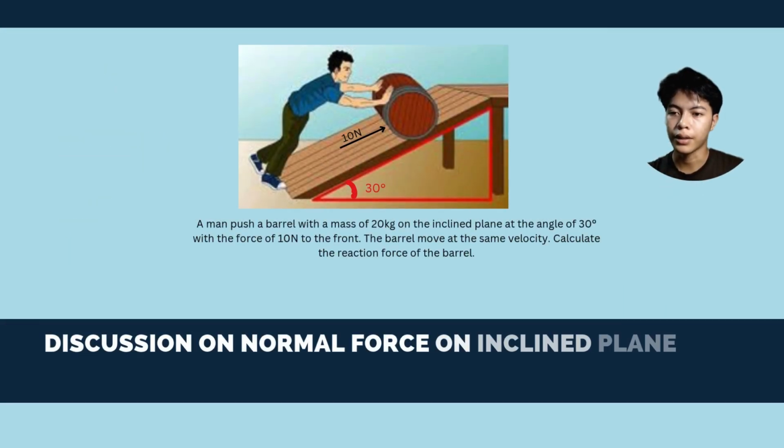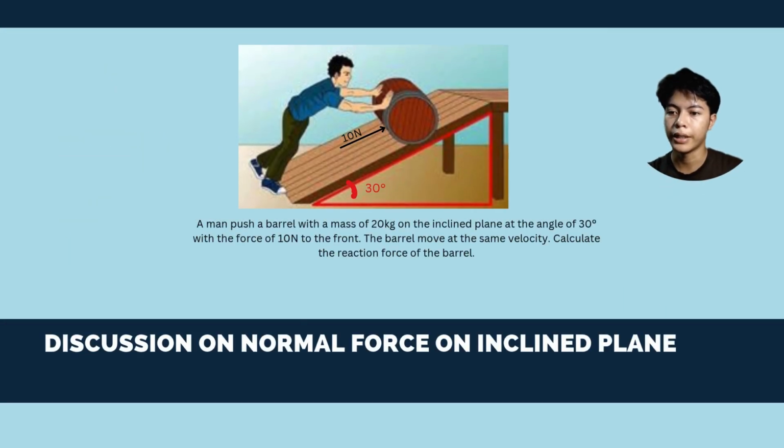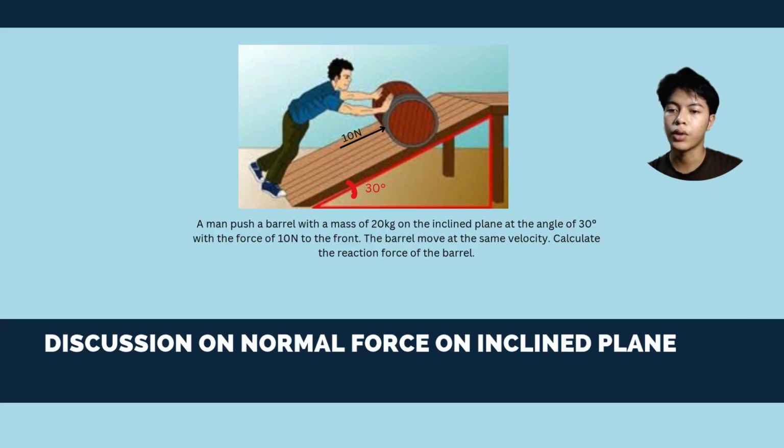Now let's look at a different situation, an inclined plane. Here, a man pushes a 20 kilogram barrel up a slope angled at 30 degrees. He applies a force of 10 newtons and the barrel moves at a constant velocity. Even though it's still a normal force, it is a bit different from the flat surface.